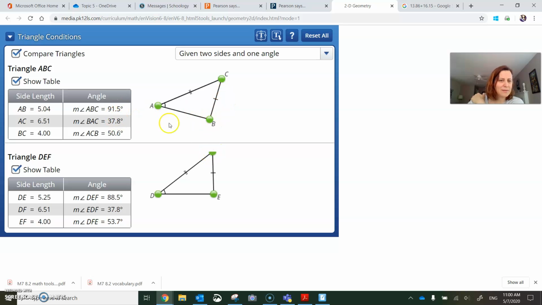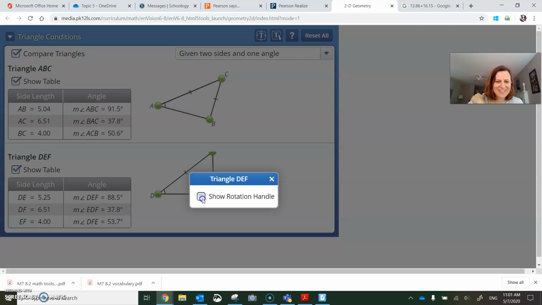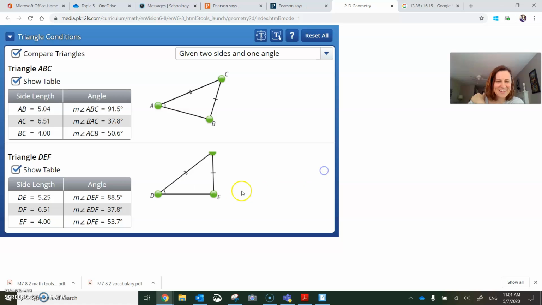But even so, BC and whatever this one is are both the same length, and here is this angle that's not included. Here's how you can tell if they're the same or not. Look at the third side, AB and DE. Are they the same? Here's AB, 5.04, and DE, 5.25.